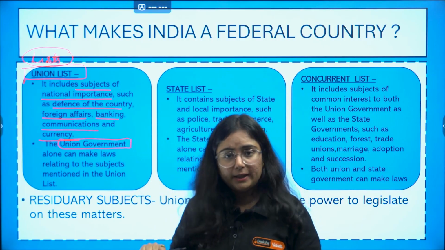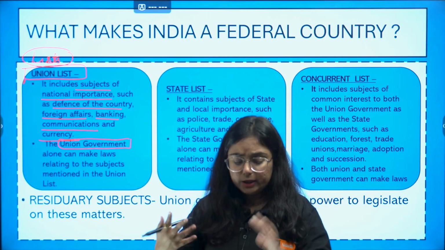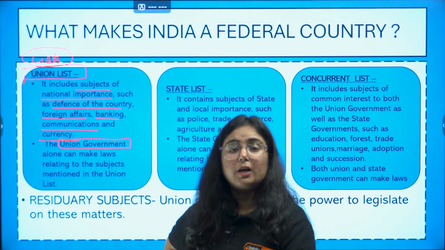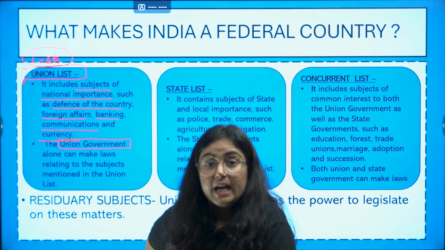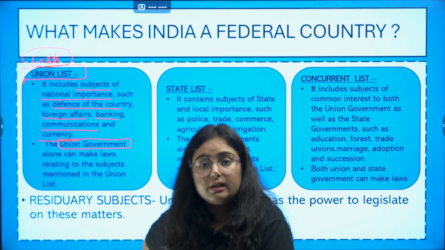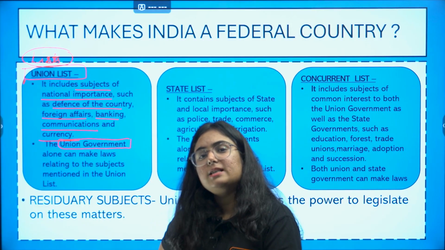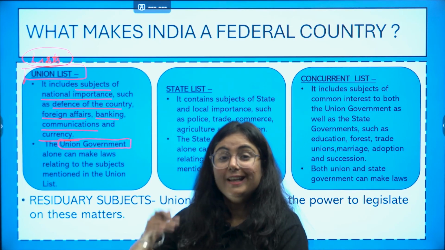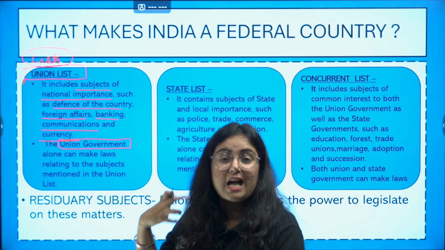Did you get this point? I want to make it clearer to you. For example, there is a subject, currency, here. If currency were not included in the union list, let us assume it is a part of the state list. What would have happened? All the states of India might have their own currency.